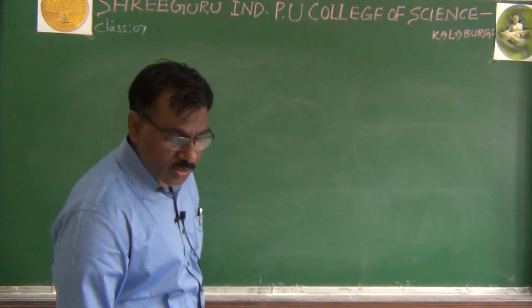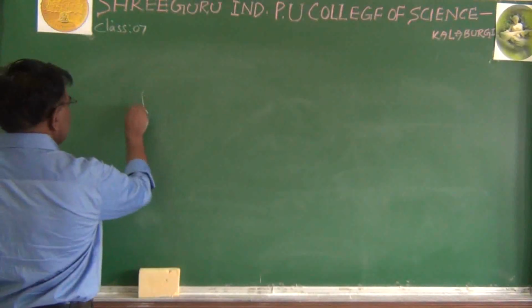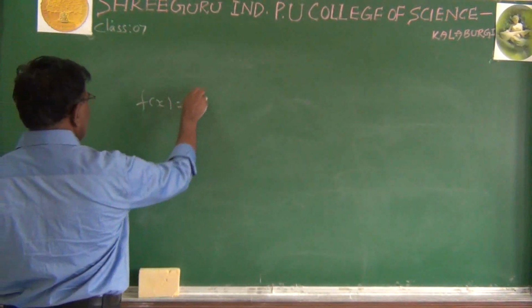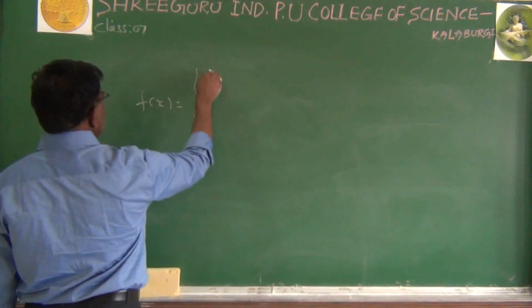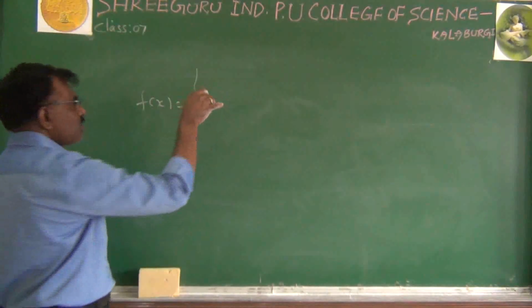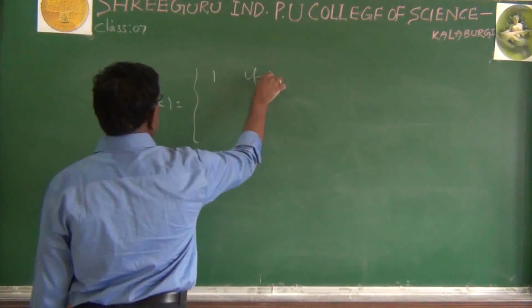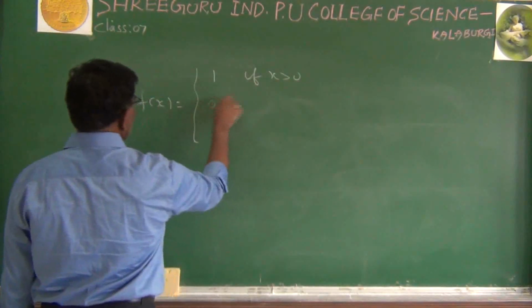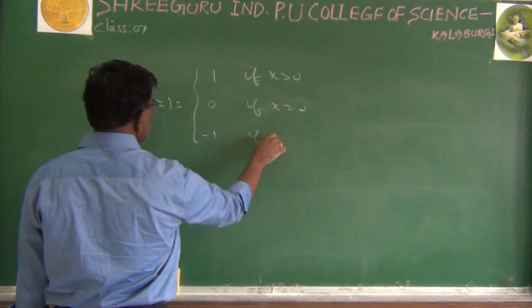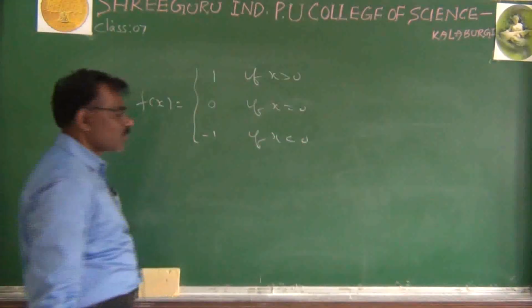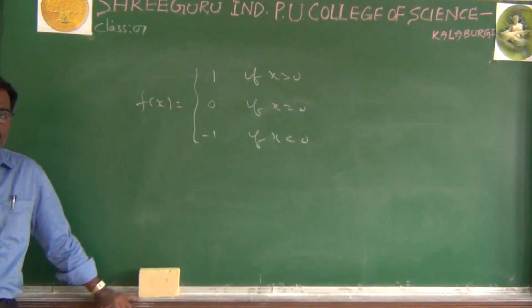So what is next? The signum function can also be written as: 1 if x is greater than 0, 0 if x is 0, and -1 if x is less than 0. This is also called the signum function.